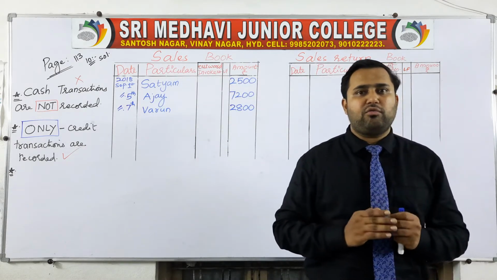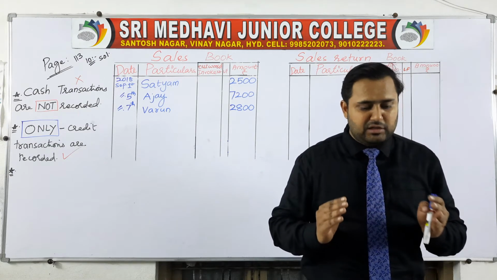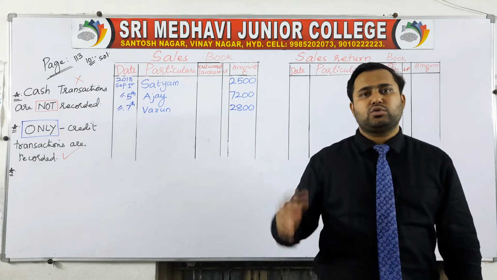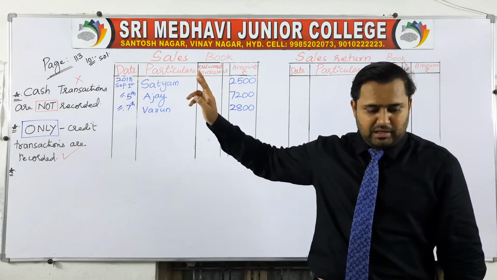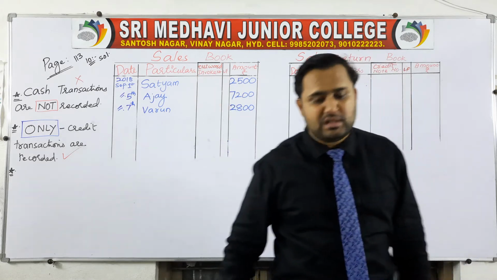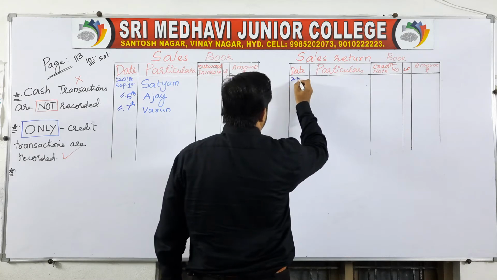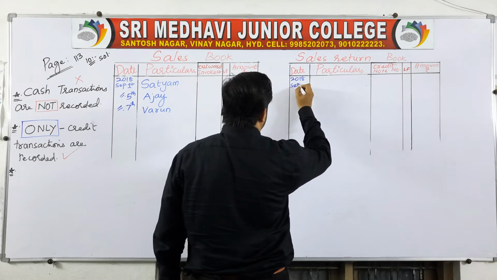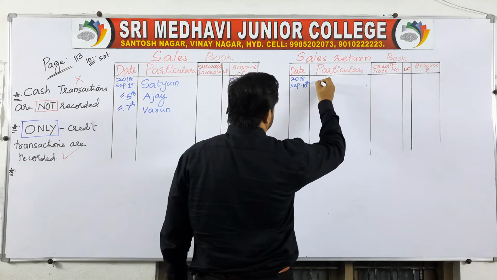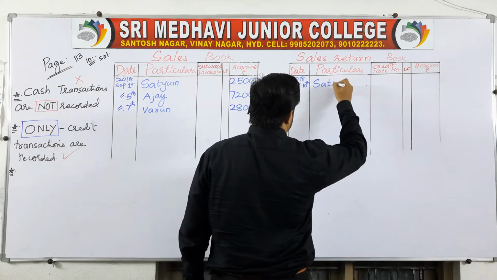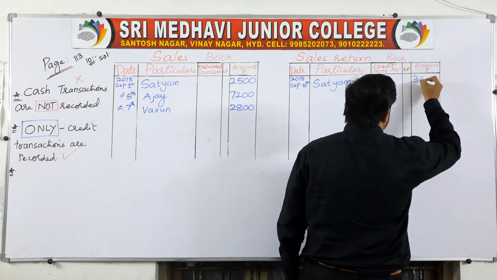On 10th of September 2018, Satyam returned goods of rupees 300. We sold the goods to Satyam. So now Satyam has returned the goods of rupees 300 on 10th of September 2018. September 10th, Satyam, how much is the amount? 300 rupees.